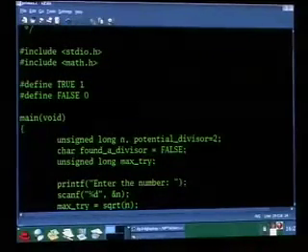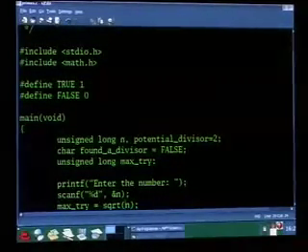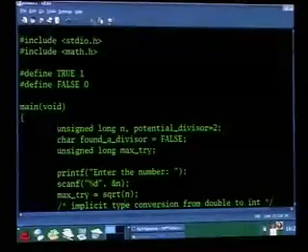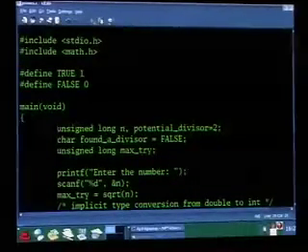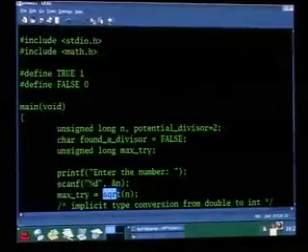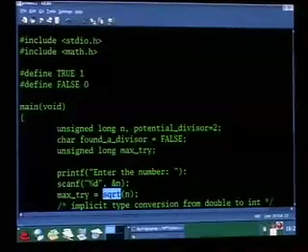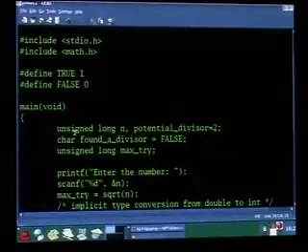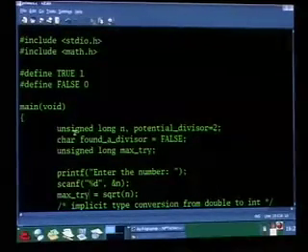We read the number as usual after entering a prompt, and straight away we compute the square root of n by using the square root function in the math library. The square root function actually gives a double value, and we are assigning this double value to a variable of type unsigned long. Remember that max try is unsigned long.